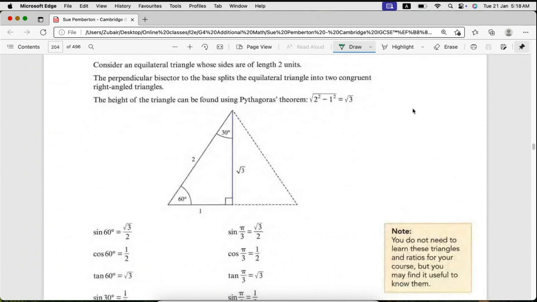For 30, 60, 90: 60 is 180 over 3, so this is pi by 3. 30 is 180 over 6, so this is pi over 6. And this is pi by 2. 1, 2, square root 3. Everything else stays the same. So for trig ratios, we just deal either in degrees or in radians.